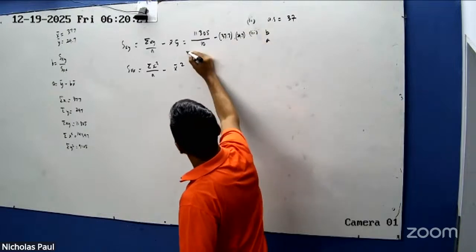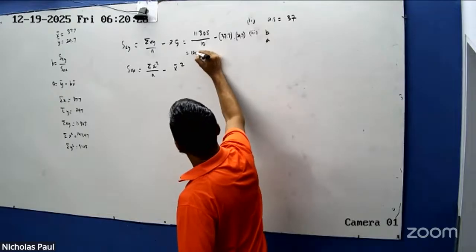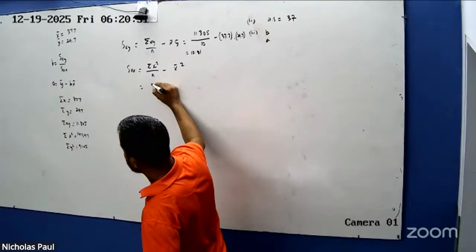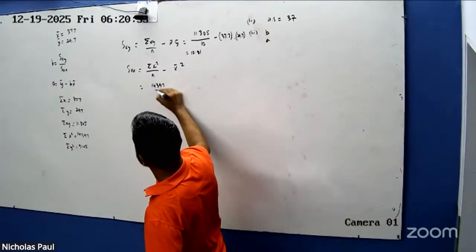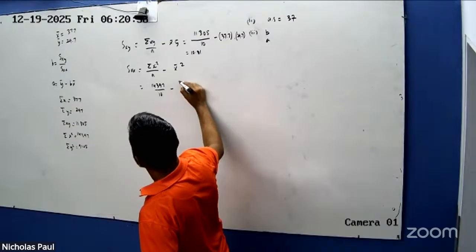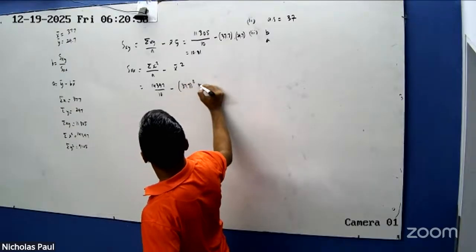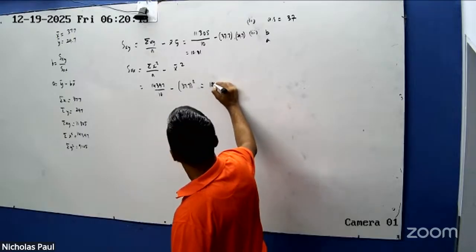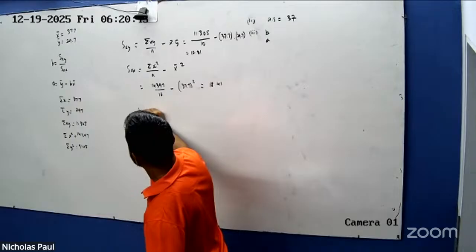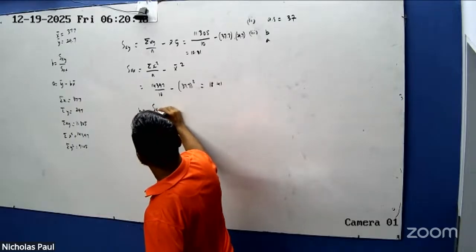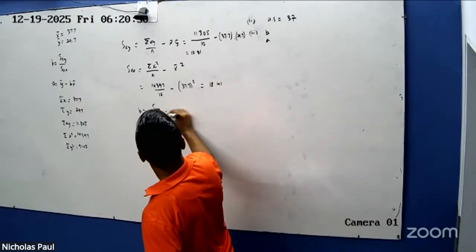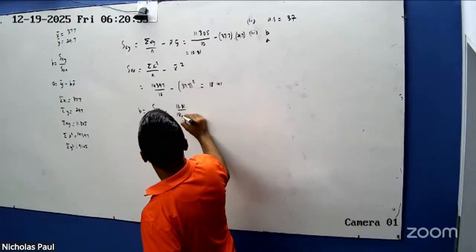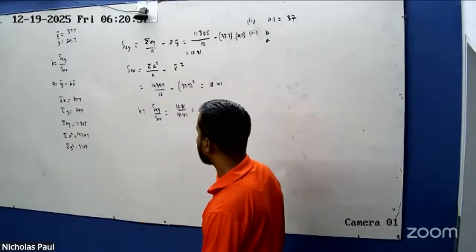How much is that? 10.81. And then here, the sum of x squared was 14397 over 10 minus 37.7 squared. How much is that? 18.41. So to find B, we know B is Sxy over Sxx. Sxy was 10.81 and this is 18.41. How much is that?